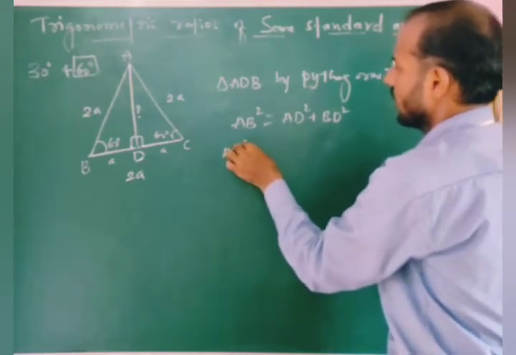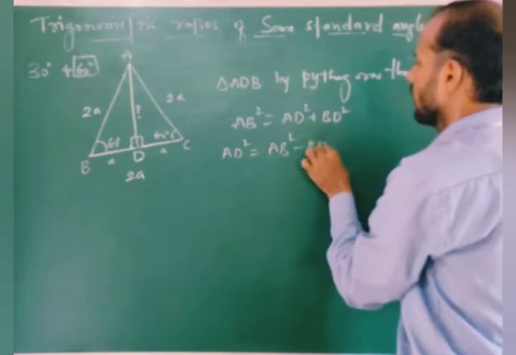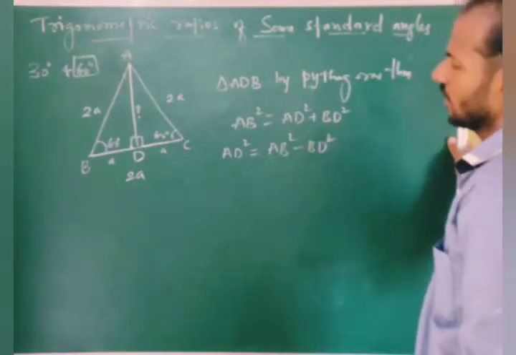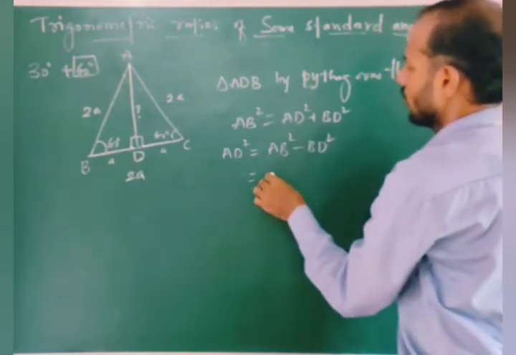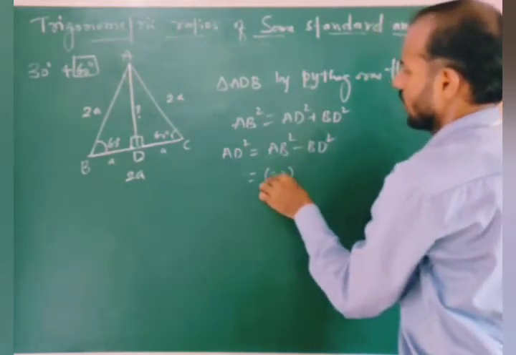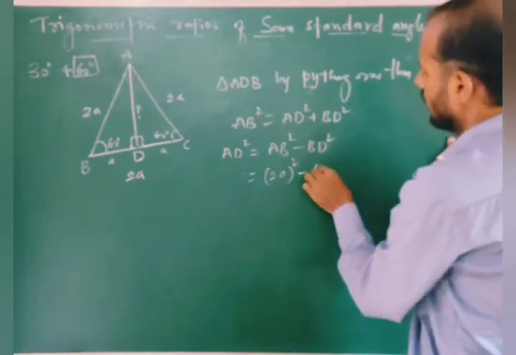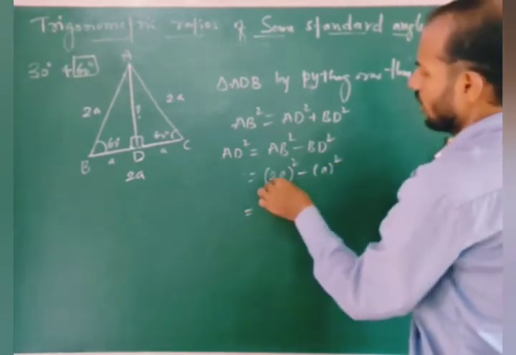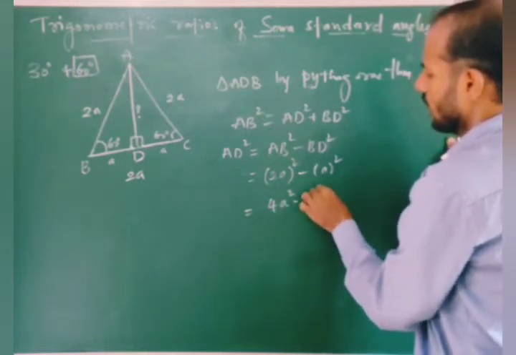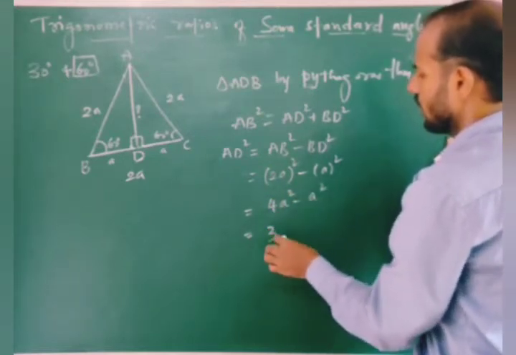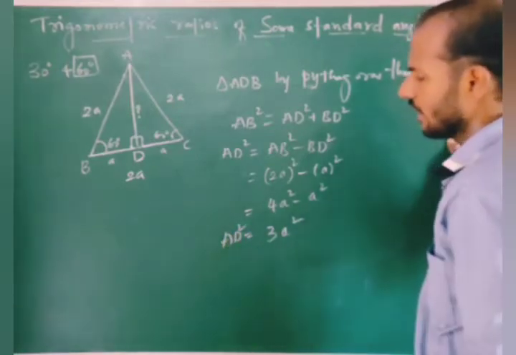AD square as it is, AB square minus BD square, right? Now AB square value is 2A square and BD square value is A whole square. Therefore 2A whole square means it is 4A square. Minus A square means what we get here? 3A square. It is AD square, right?